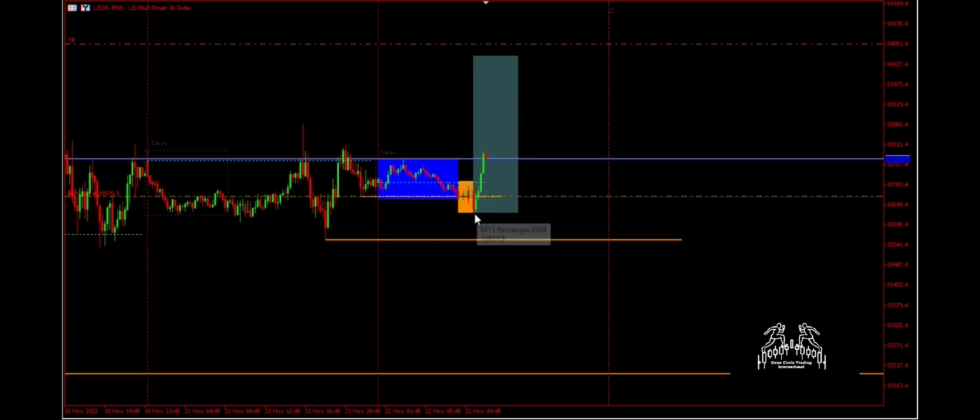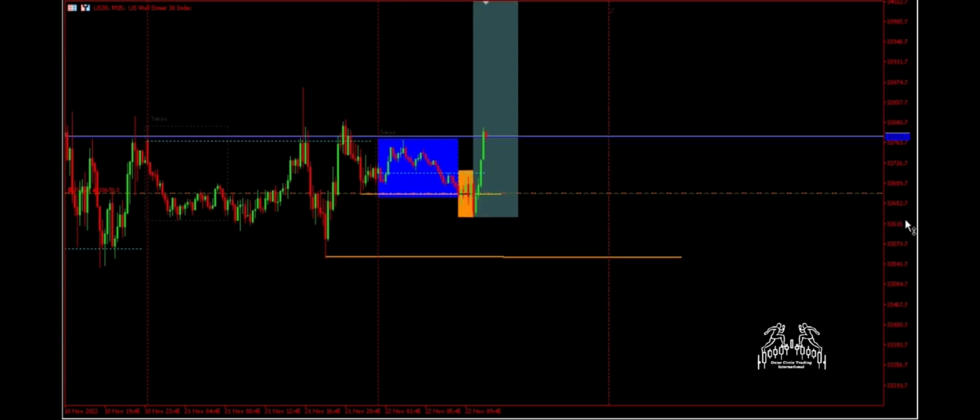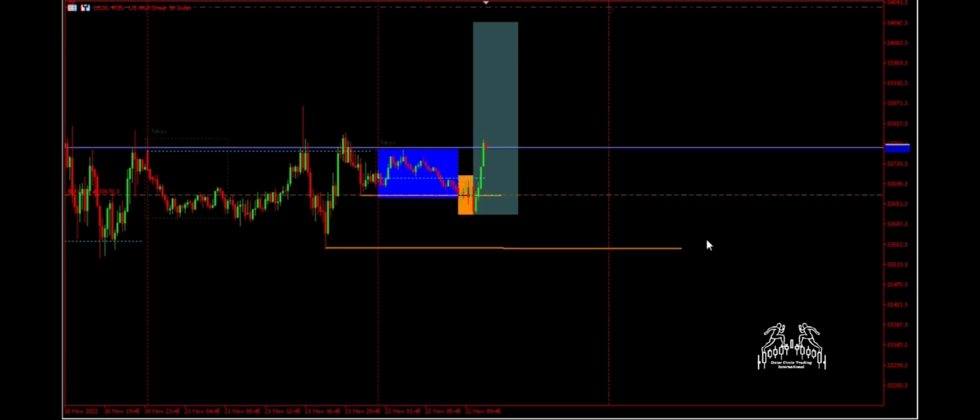The London kill zone forms the low of the day. This is where the low of the day formation takes place during the London kill zone. And the New York kill zone marks the expansion, or a pullback and a further expansion.